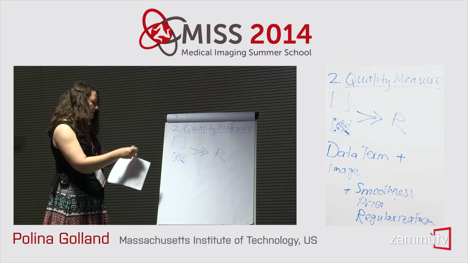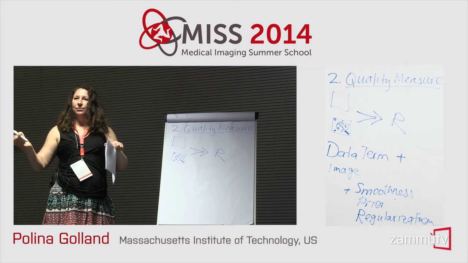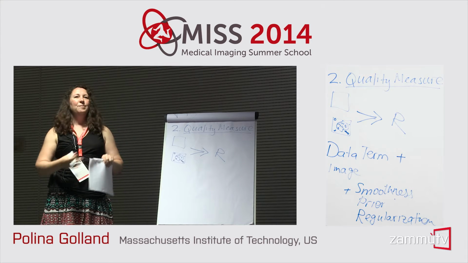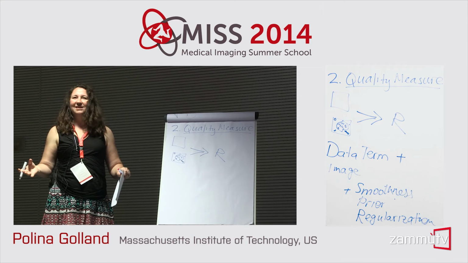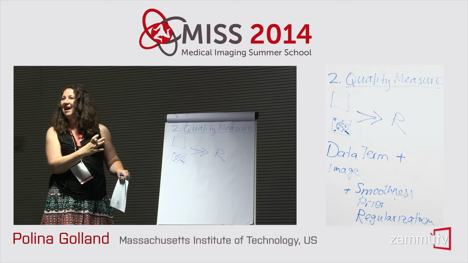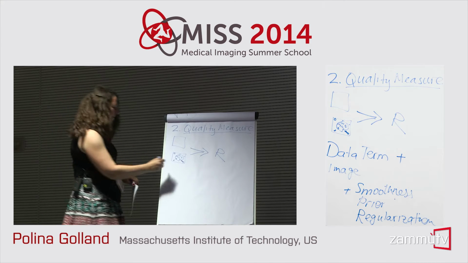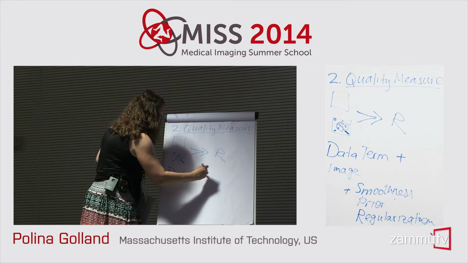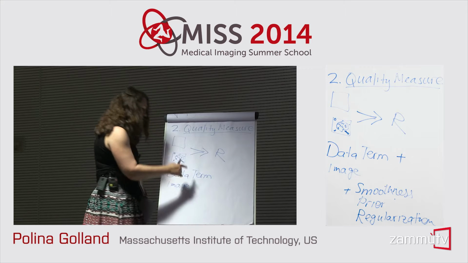Typically, this term splits into two. I'm giving you what we've thought about so far as a field. Please go away, remember this taxonomy, and do something different, because we're tired of this taxonomy, but this is what it is now, okay? Everybody seems to be stuck with two terms. One of them is called the data term, or image term, and you can guess what this does.